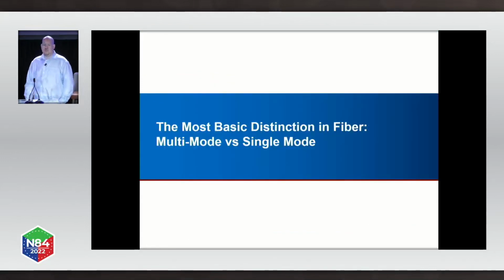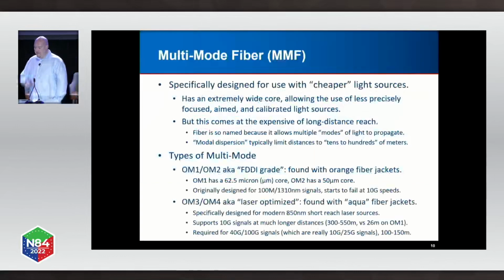So the most basic distinction when you talk about fiber is multi-mode versus single mode. Multi-mode is designed to be used with cheaper light sources. It has an extremely wide core, so you don't need as precise a laser, and the optics end up being much cheaper, but it comes at the expense of distance.